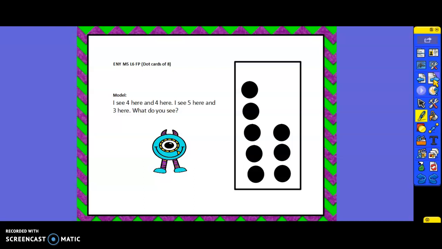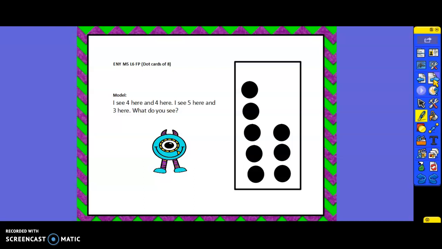The first thing I want you to do is look at our dots. Think about how many you see in all. And then think about how you see that number. What parts do you see? Miss Anki is going to show you my thinking.